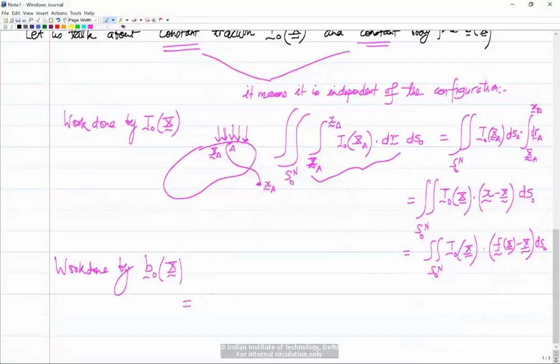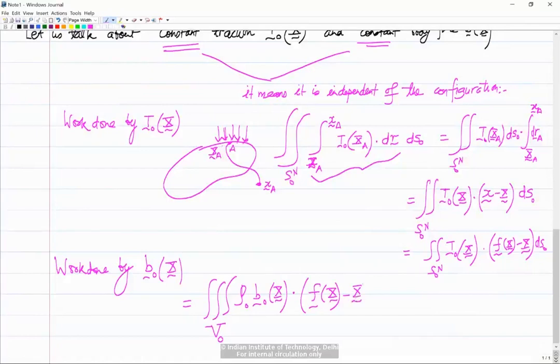So using similar logic, it's going to become integration over the total volume V naught, and you have rho naught B naught of big X dot with small f of big X minus big X dV naught, isn't it? Are you all comfortable with this?